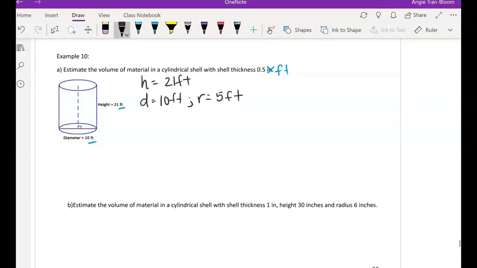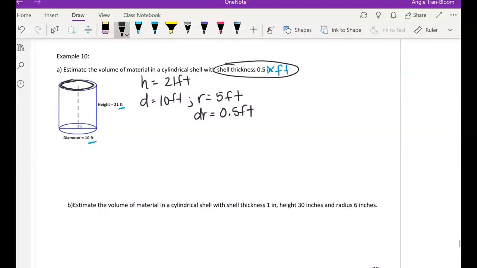The shell thickness, as you can see, is half a foot. So that's really the change in radius, 0.5 of a foot. So if you see the thickness of it, the shell thickness is really what's happening here, right? So this is the shell, and that's going to be half of a foot. So that's the change in derivative.